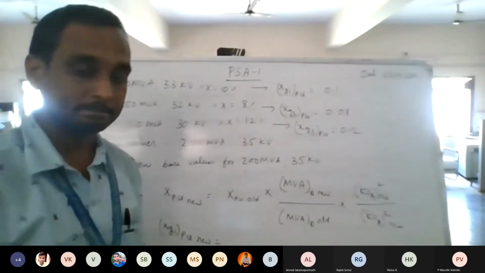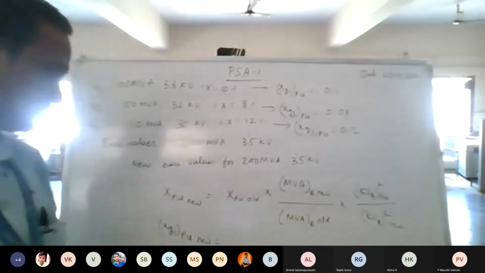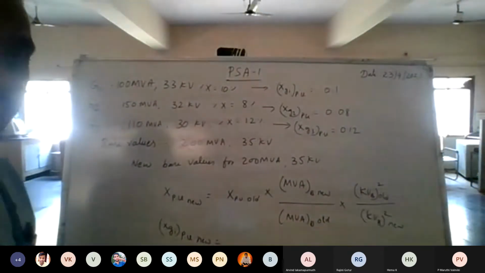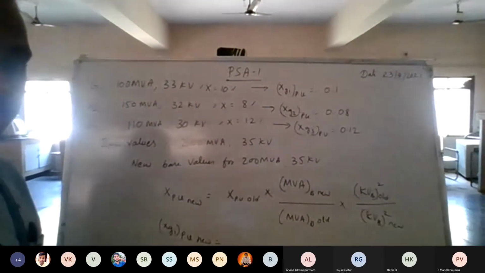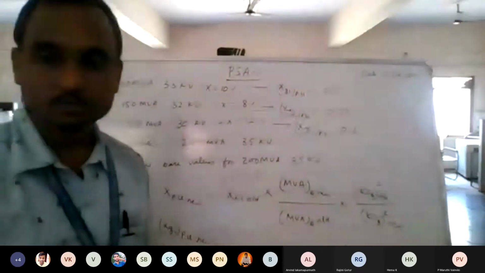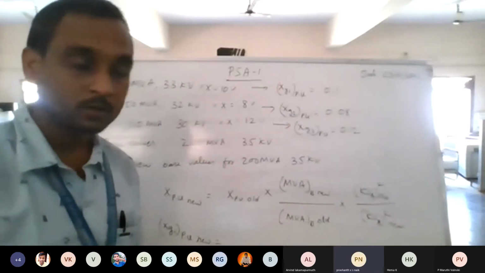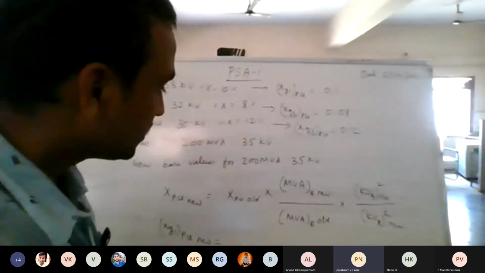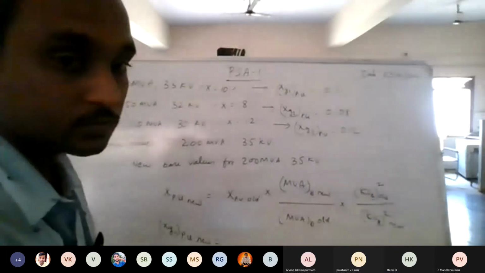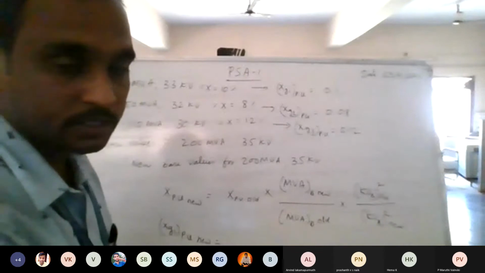Prashant Nayak. What is the value? Are you there or not? Prashant Nayak. Yes, sir. I am there, sir. What is the X per unit old value? Rajshekhar.